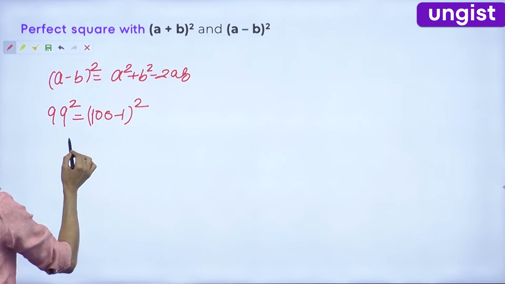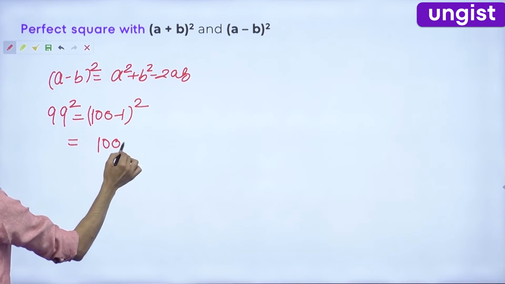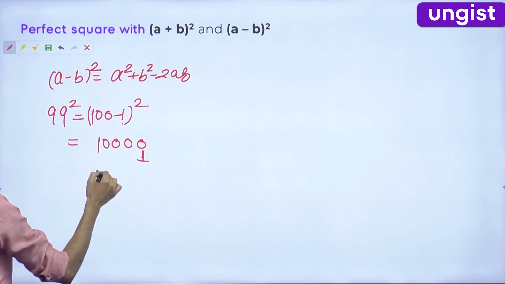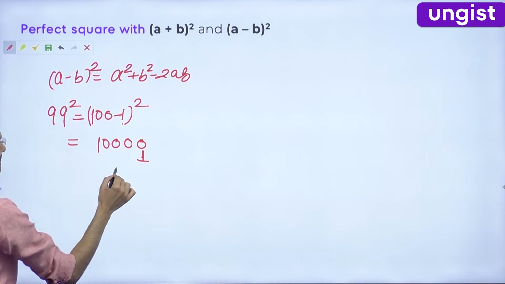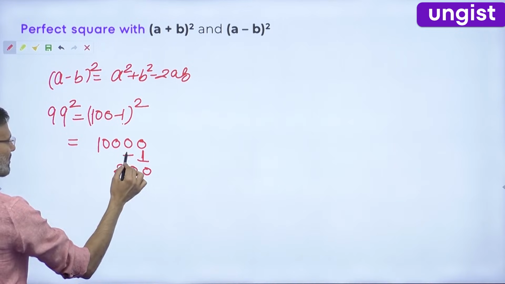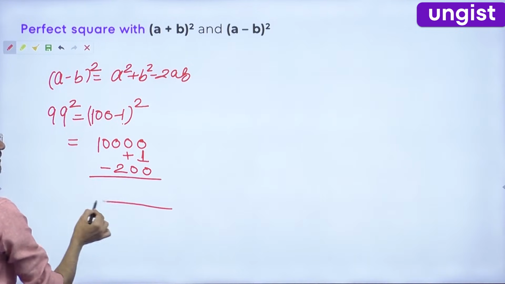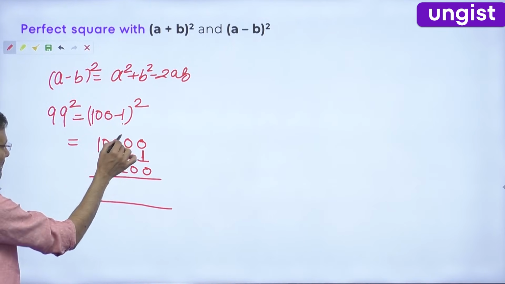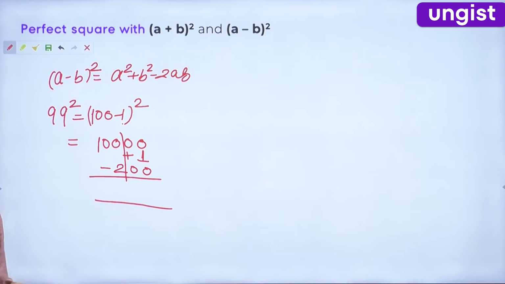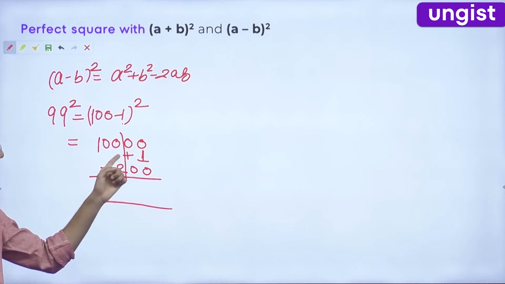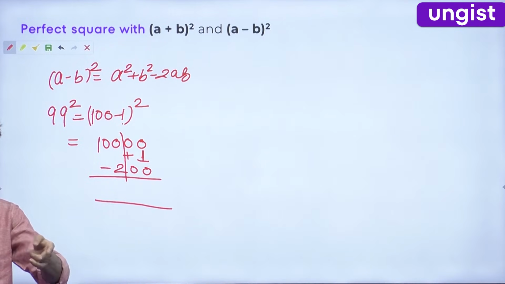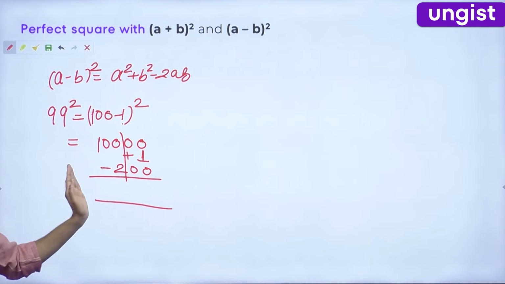All right, good. So 100 square will be 10,000 and 1 square will be added and what will be subtracted from here? 200. Everyone fine now? So think about it. Again, guys, the square of the deviation will again give you the last 2 digits only, and the rest everything will be adjusted here.